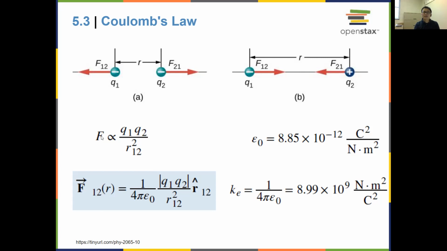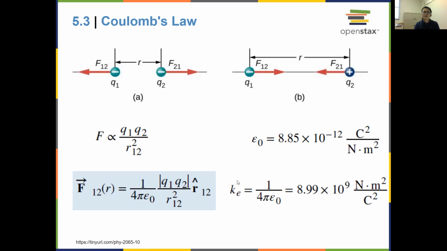So the equation to write is the force equals a constant number times Q1 Q2 over R12 squared, right? Then that constant number happens to be 1 over 4 pi epsilon naught, where epsilon naught is a constant called the permittivity of vacuum, which is 8.85 times 10 to the minus 12 Coulomb squared over Newton meter squared.